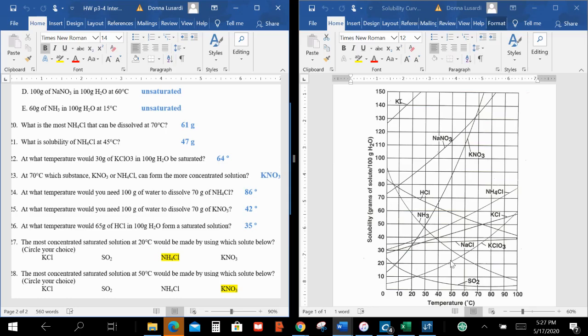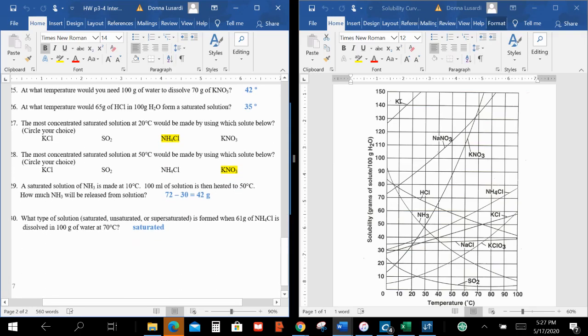How about 50 degrees? Well, here's SO2, here's KCl, here's NH4Cl, here's KNO3, so I can dissolve the most KNO3.